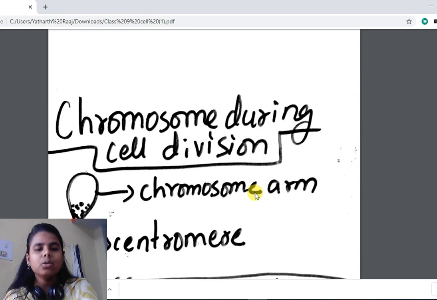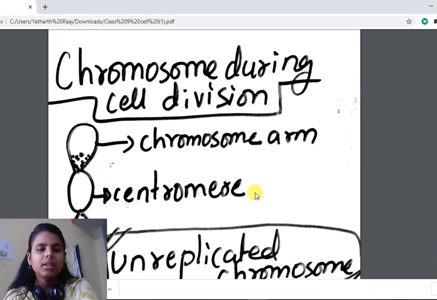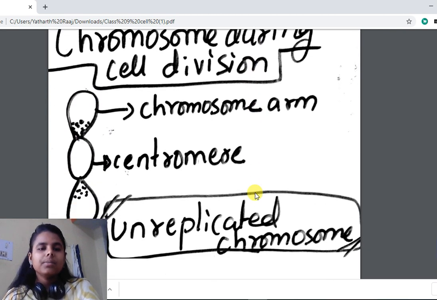So what happens to a chromosome during cell division? So this is a single chromosome. This is the centromere. The centromere is the part with which the chromosome arm is attached. This is the structure of a single chromosome. At the time of cell division, what happens? Replication takes place. Chromosome replication is there. One chromosome stays inside the cell and the other goes to the new cell.